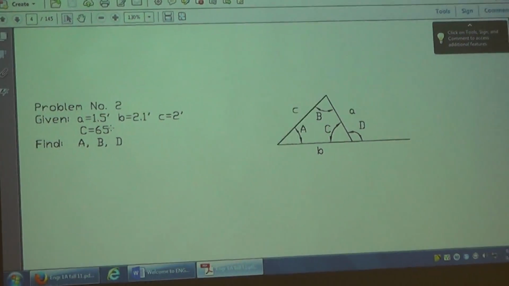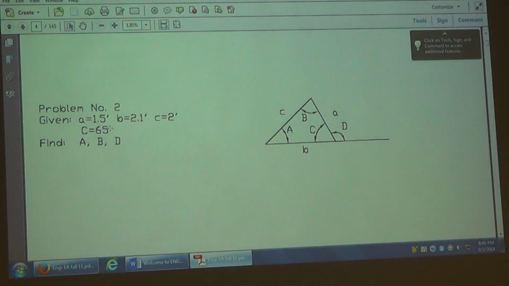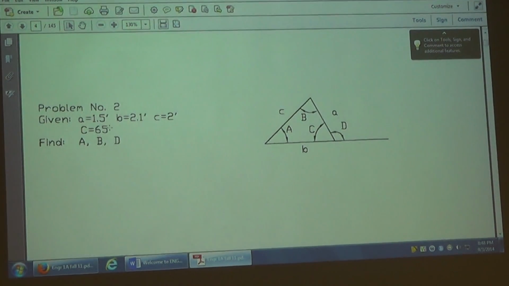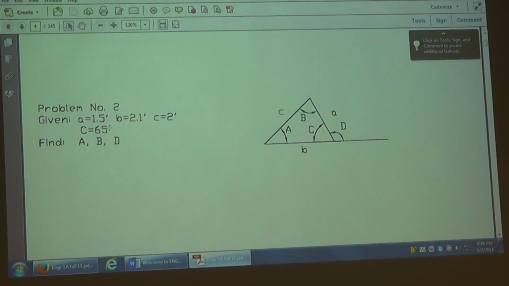Number 3 is using the same figure, but not the same dimensions. That's number 2, that's number 3. So in this case, it's the opposite over the adjacent, right? Okay, good. I never got that question.